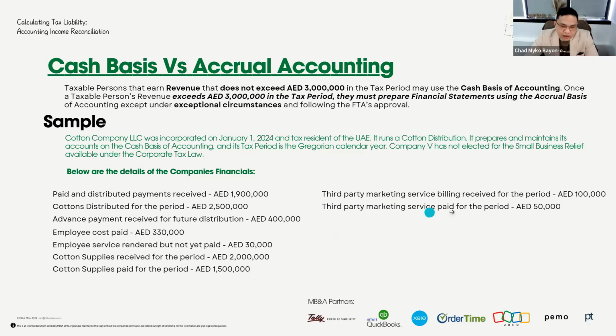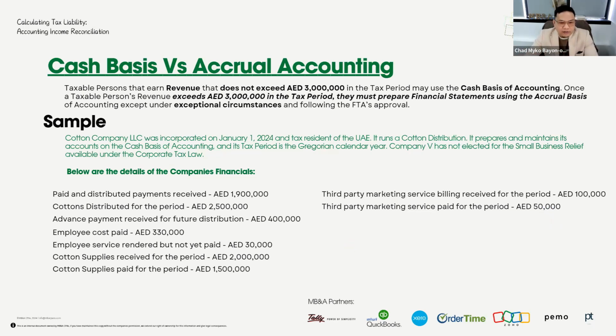And then a third-party marketing service that has been paid for the period of 50,000. So the simpler approach, cash basis accounting, revenue is 2.3 million, and then your expenses are based also on your payments. So you have paid 330, you have paid 1.5 million, so 1,880,000, and you have paid 50,000, so you have 1,880,000 as part of your expenses. So that's how simple it is for cash basis accounting.